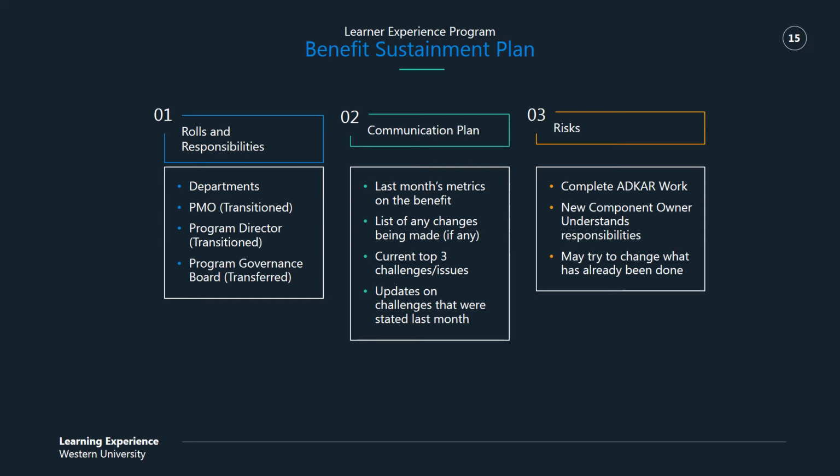And we want to make sure that the governance board and the program director still have enough eye on things that changes are not tried to be made without that unified vision. So if different departments take a look at these changes, they're like, oh, that's cool, but what if we tried it a little bit different, and don't communicate that and work through the proper channels, that may have regression in the performance in other departments. So we want to make sure that all of these mechanisms are still in place.